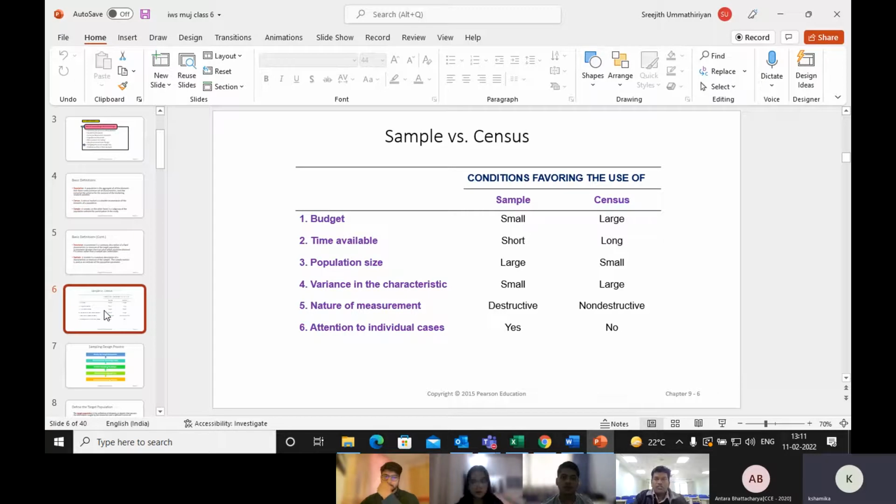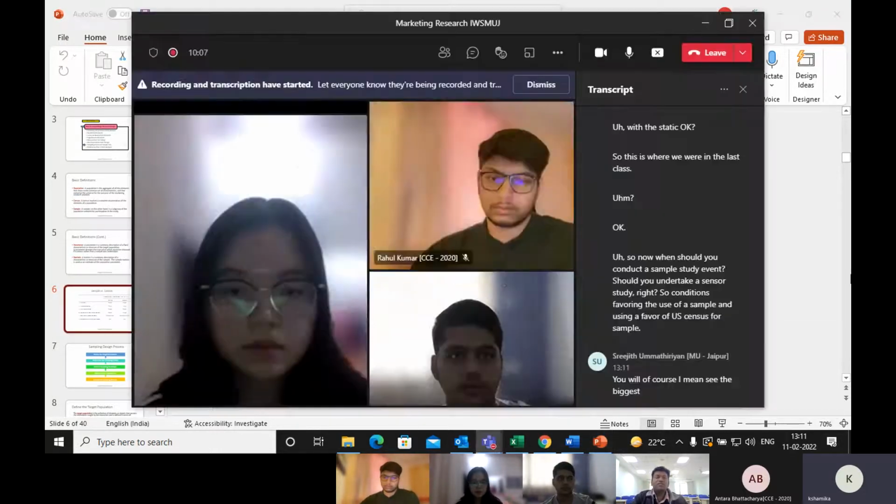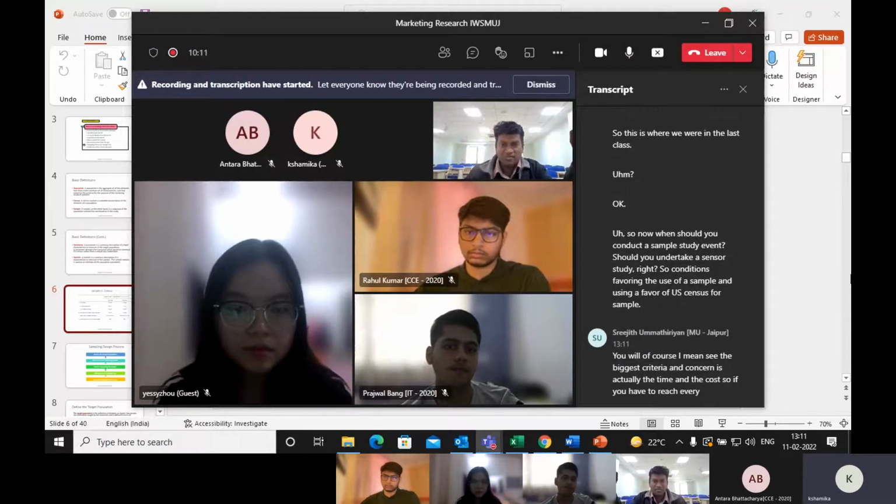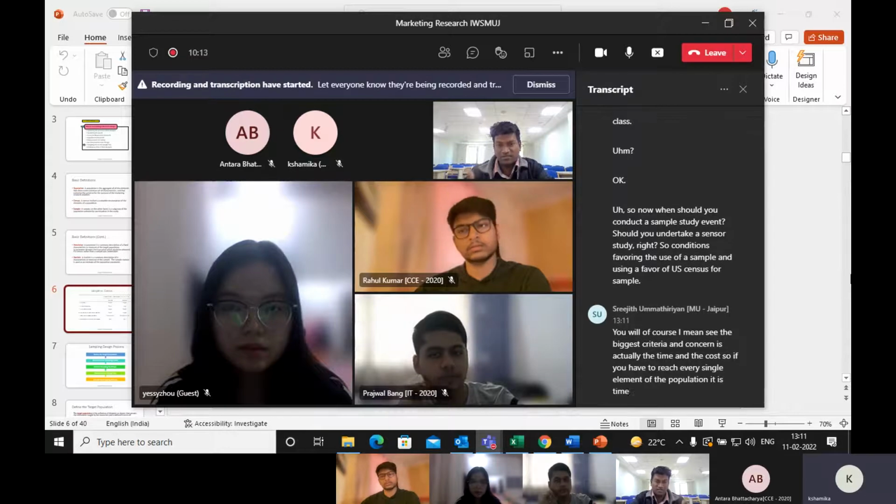So now, when should you conduct a sample study and when should you undertake a census study, right? So, conditions favoring the use of a sample and conditions favoring the use of a census. For a sample, see, the biggest criteria and concern is actually the time and the cost. If you have to reach every single element of the population, it is time consuming and it's costly, right?